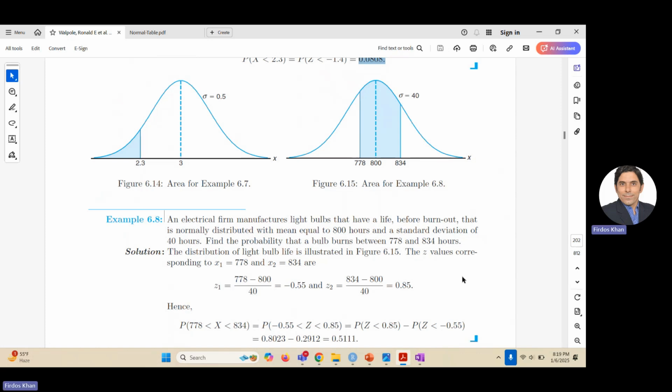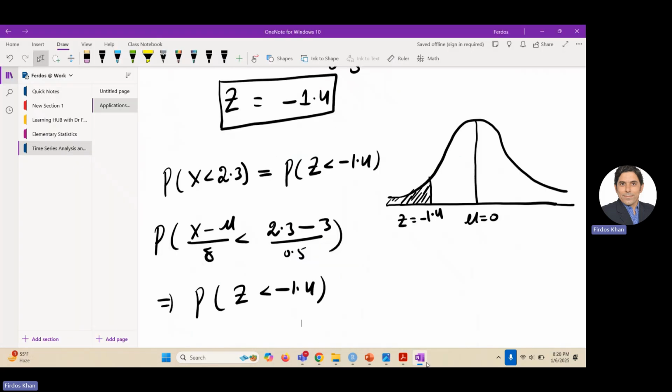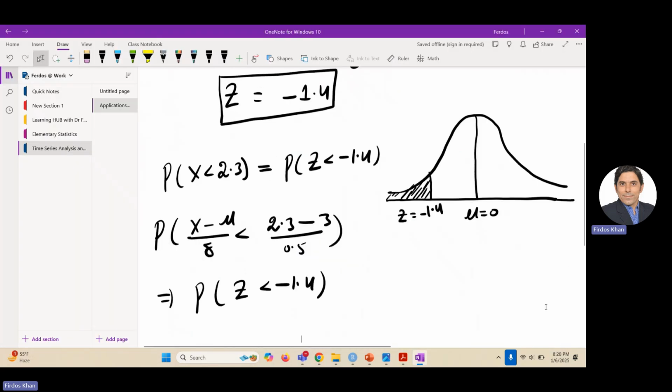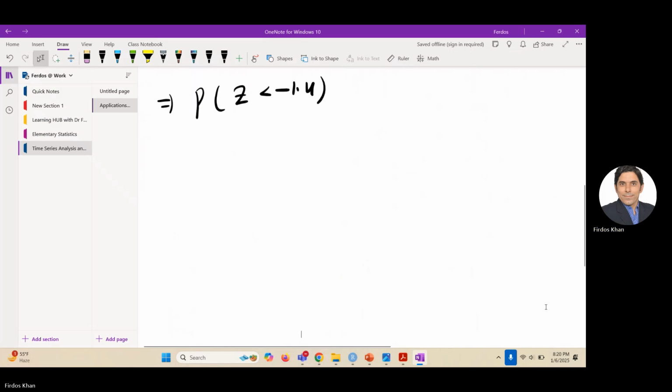So this is a bit different problem, but using the same procedure. I will solve this in a little different way. Problem 2.